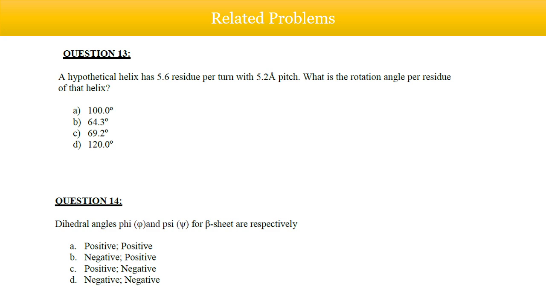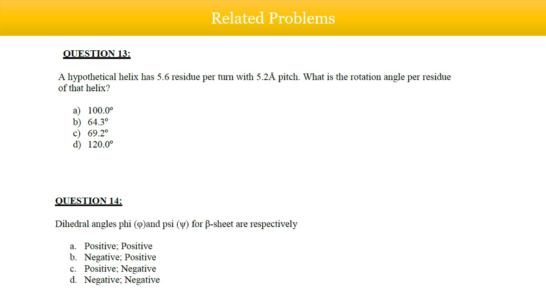So how much is it coming? That is probably around 64.3. So 360 by 5.6, that is 64.3. So B is the correct option.